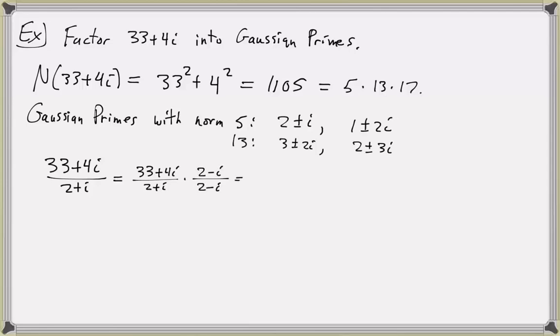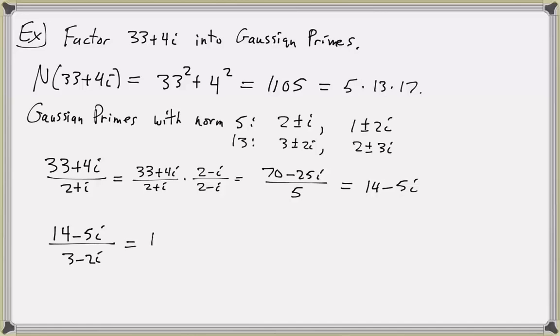And so in the numerator we'll get 70 minus 25i divided by 5, which now can be reduced to 14 minus 5i. Now let's take this remaining product, 14 minus 5i, and divide it by one of the Gaussian primes with norm 13, say 3 minus 2i.